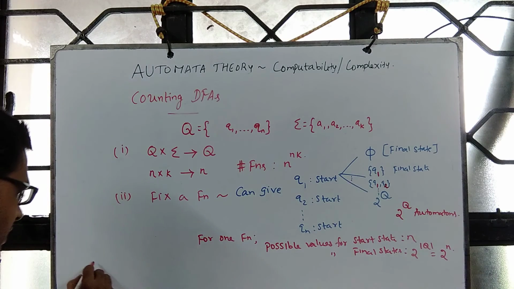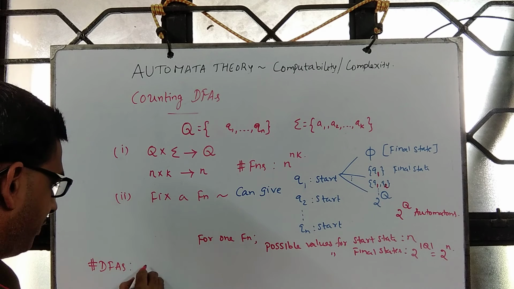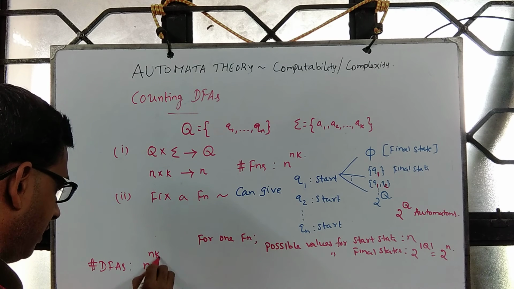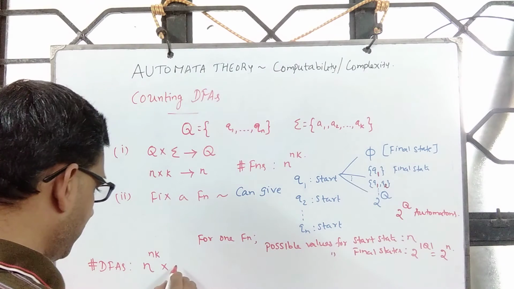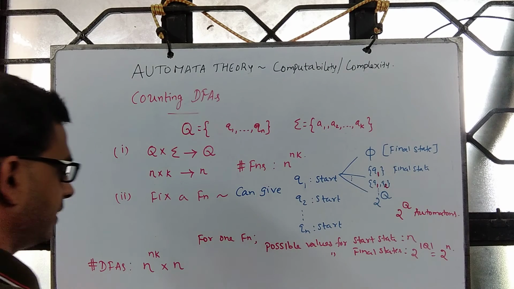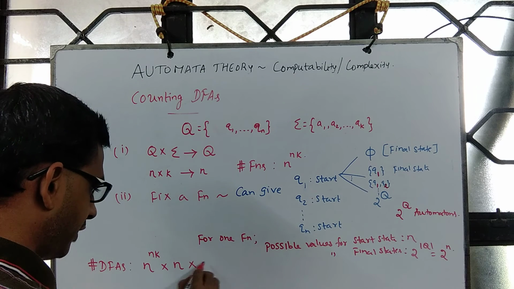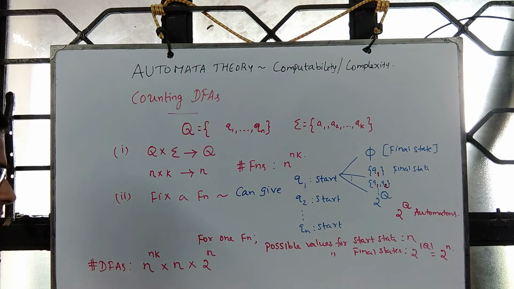So how many DFAs are possible? Number of DFAs is number of functions. Number of functions is n to the power nk, and for each of them the possible values for the start state are n, and for each of them possible values for final states are precisely 2 power n.